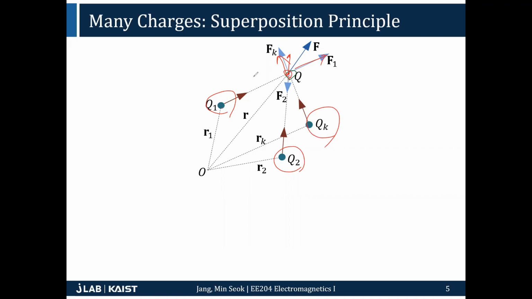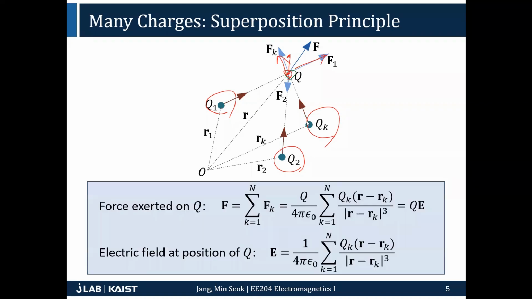In more technical language, we say the system is linear. Because the system is linear, we can just add solutions by simply adding them. And then the force exerted on Q is just the sum of the partial forces.